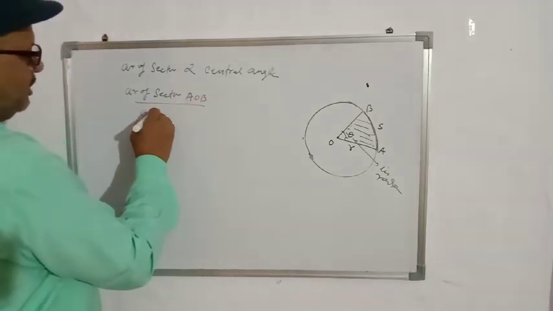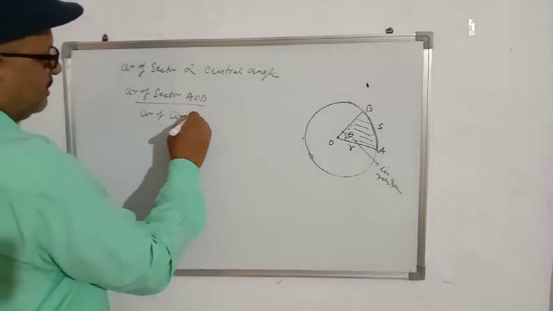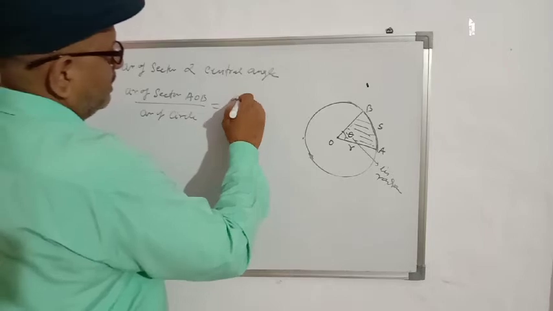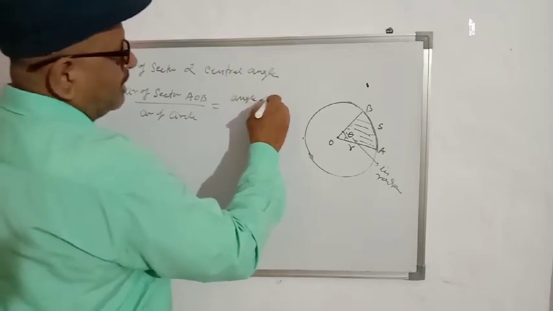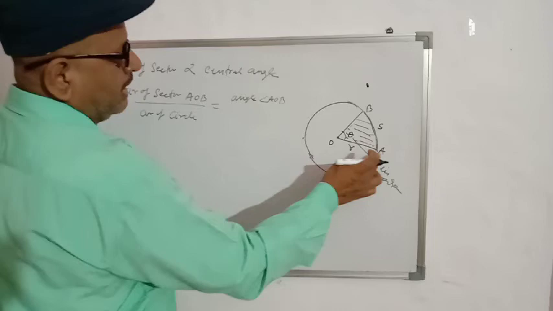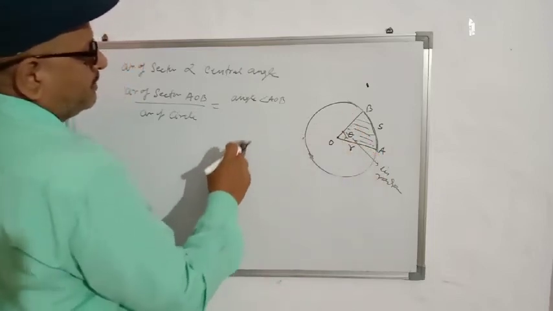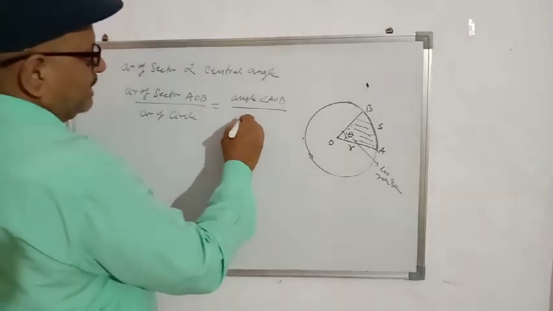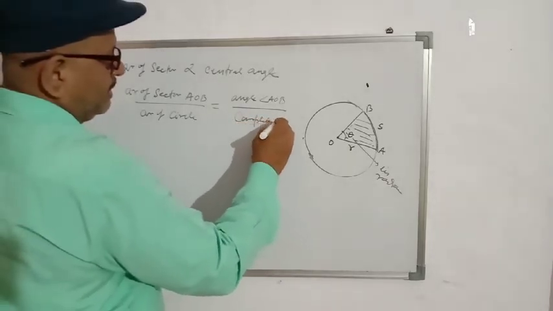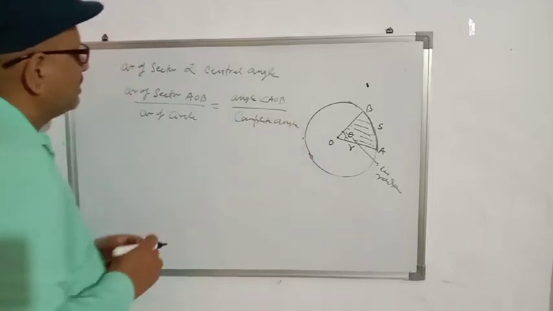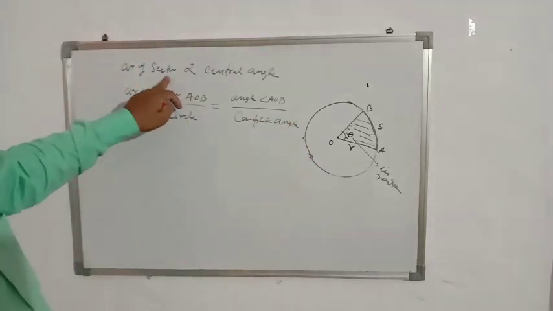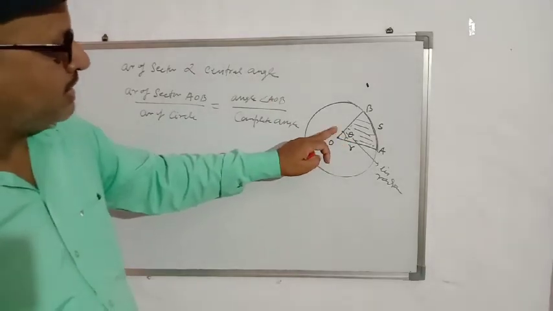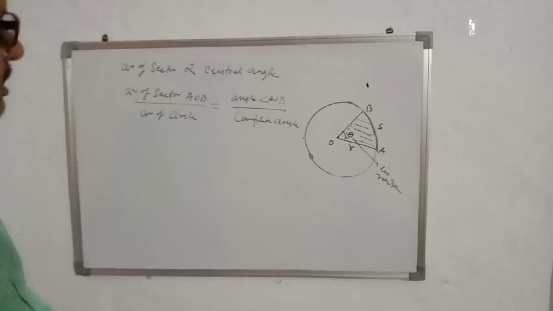upon area of the whole circle is equal to angle AOB, that is theta, upon the complete angle. If the central angle is large, the area of the sector will be large.